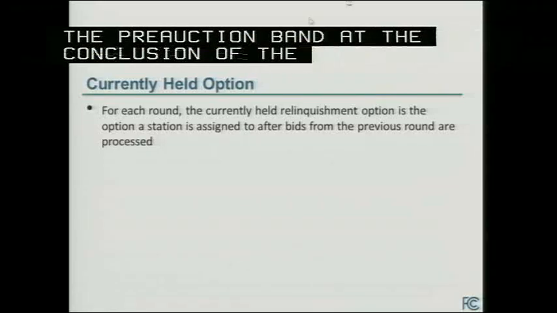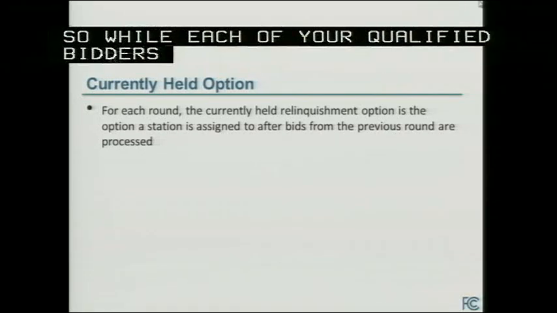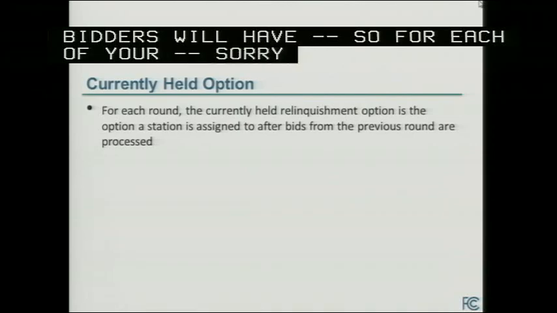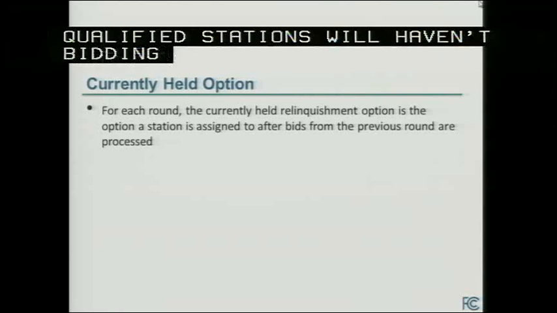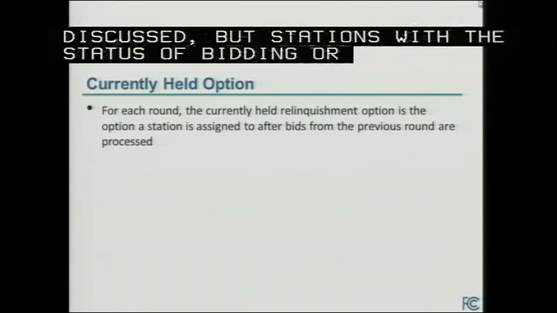So each of your qualified stations will have a bidding status, as we just discussed. But stations with the status of bidding or frozen will have a currently held option.